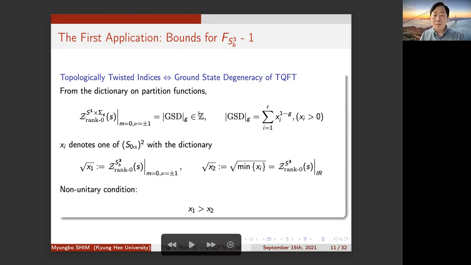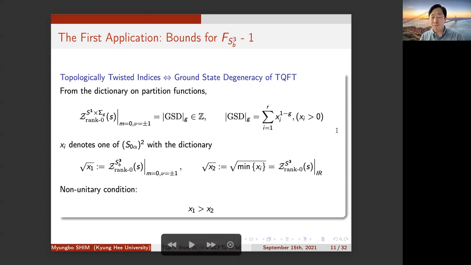Regardless of our dictionary, it is known that the topologically twisted index, or ground state degeneracy, is a topological invariant, and this value should be an integer. In terms of modular data, let me briefly denote the modular data by xi.